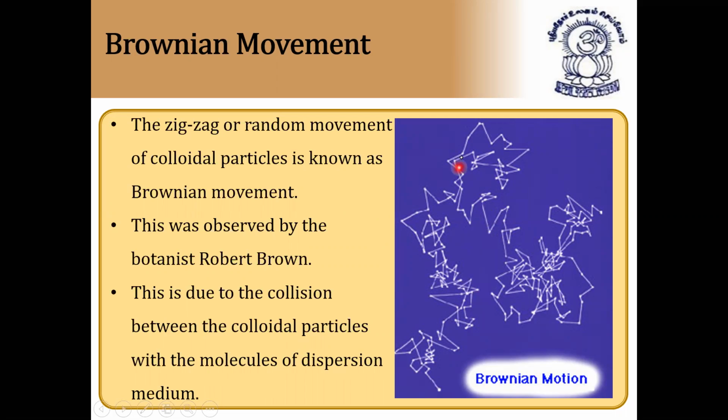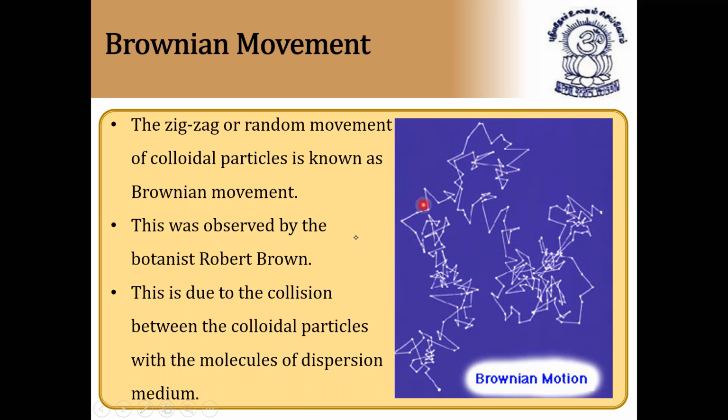Why is this Brownian movement observed? If you see the colloidal particles under a powerful microscope, you'll notice that the particles move. A zigzag or random movement of colloidal particles takes place, like this, which is called Brownian movement. It was observed by Robert Brown. Why does the zigzag movement take place?